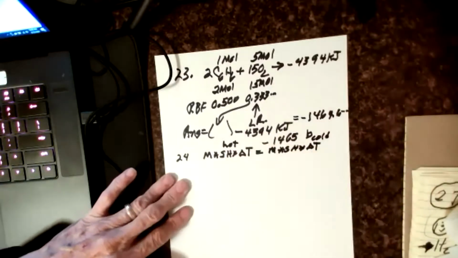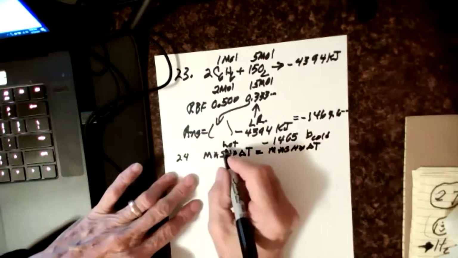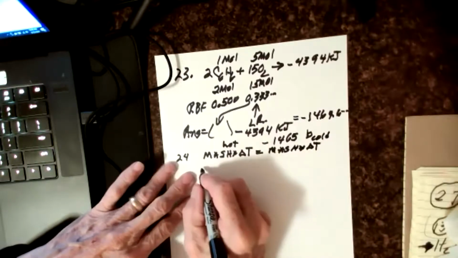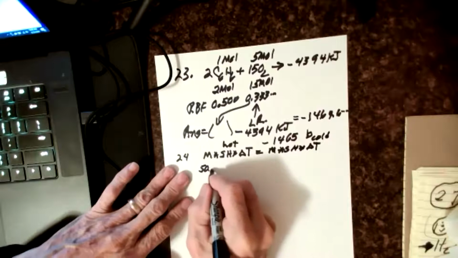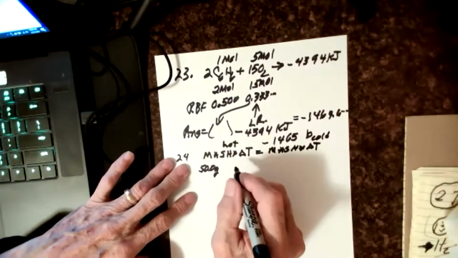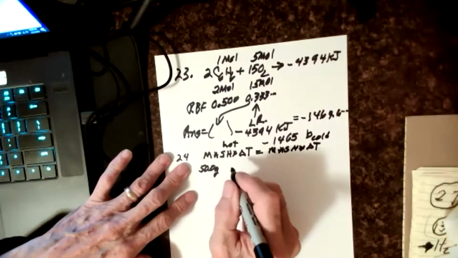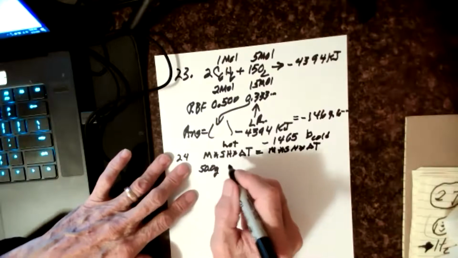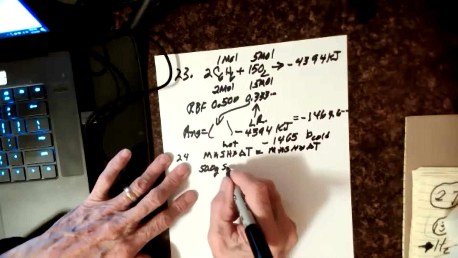So let's just identify what we got. The hot one is going to be the copper. The mass of copper is 50.0 grams. The specific heat of the copper is what we're asked to calculate. So this we don't know.